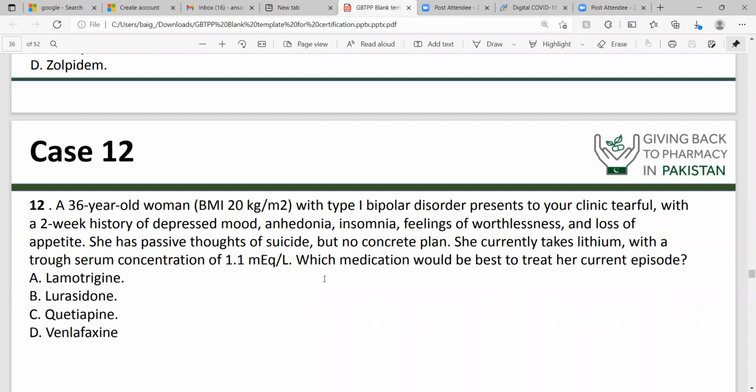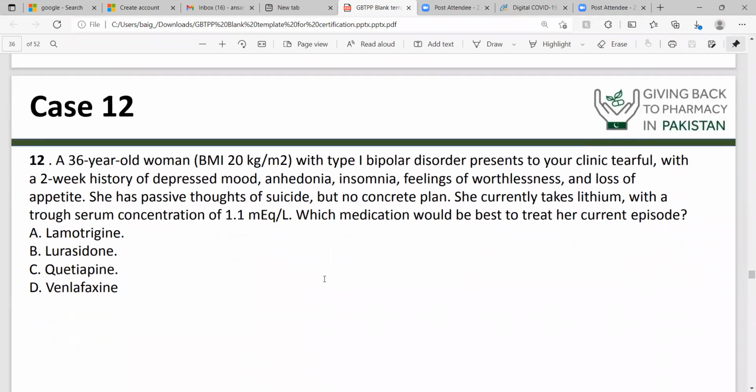She currently takes lithium with a trough serum concentration of 1.1. Which medication would be best to treat her current episode? So in this case, option C is the best option, because if we are going to choose Lamictal, it has to be titrated slowly.